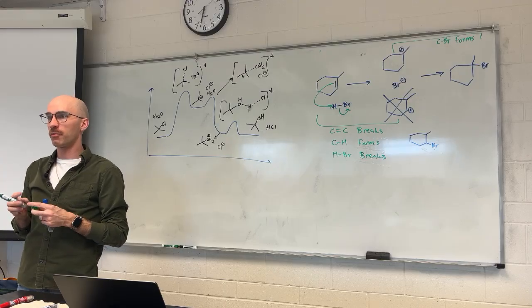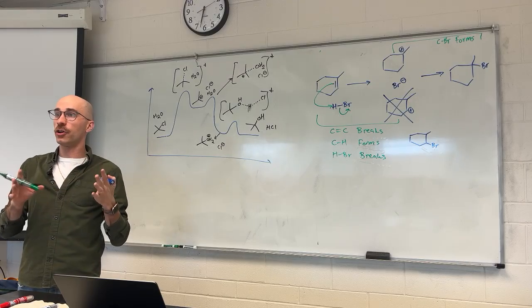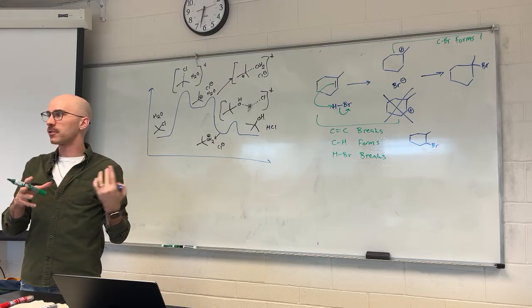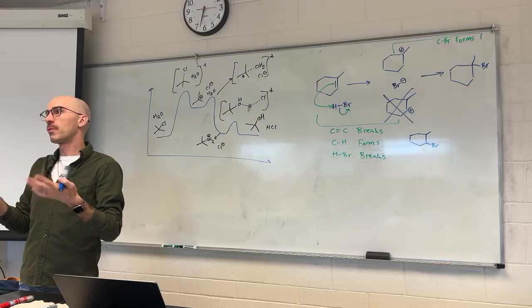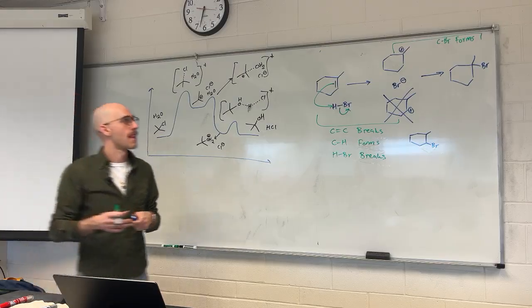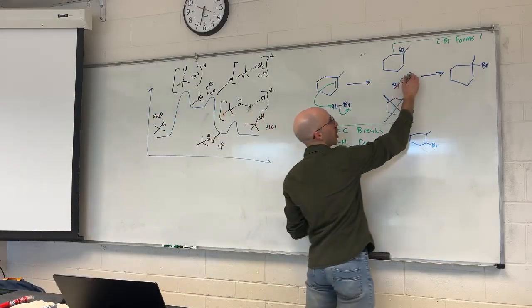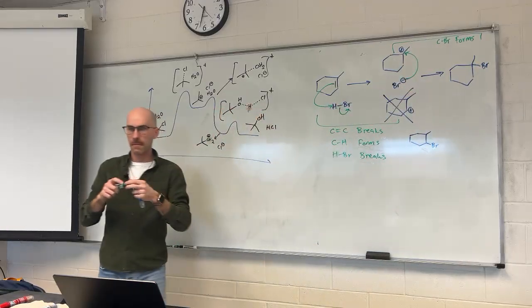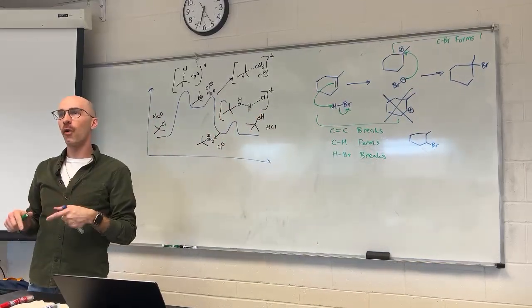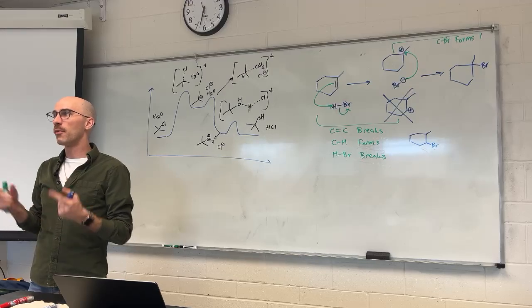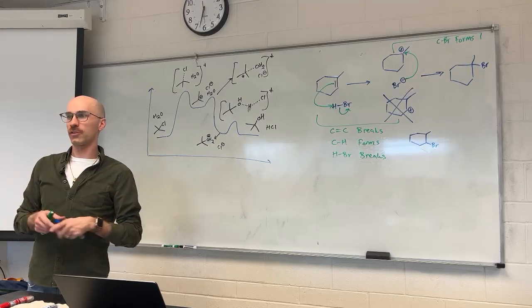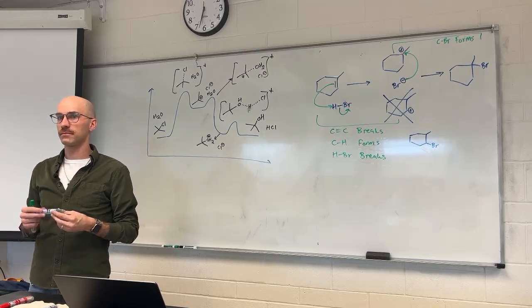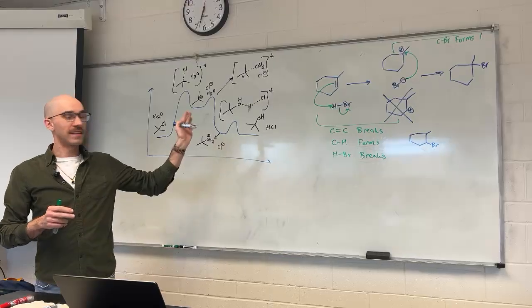From the electron pair on the bromine. Now I could draw in the electron pairs, or that negative charge represents an electron pair. So I can start from that negative charge and draw it to the carbon atom. Because when a bond forms, the electrons come from the more electronegative atom. That's the mechanism.